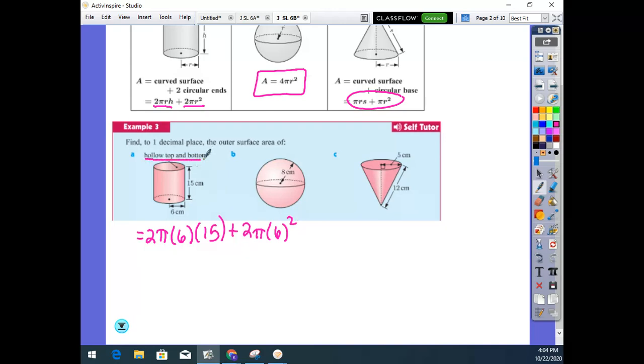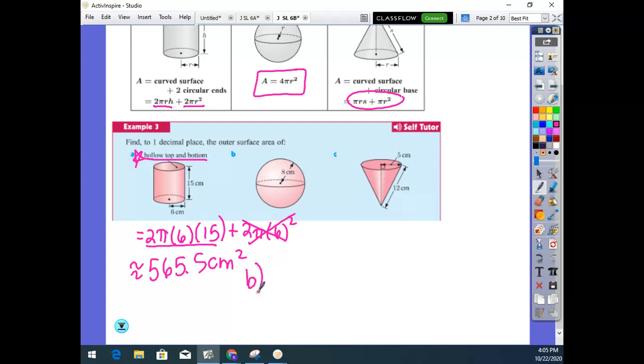Oh, this is saying the hollow. I missed this part. Hang on. Notice if it's hollow on the top and the bottom, I don't have the top and bottom surface area. So we only have this part. And when I multiply all of that together, I get 565.5 centimeters squared. So see, it's really important to pay attention. Hollow, top and bottom. There isn't anything on the surface on the top and the bottom.